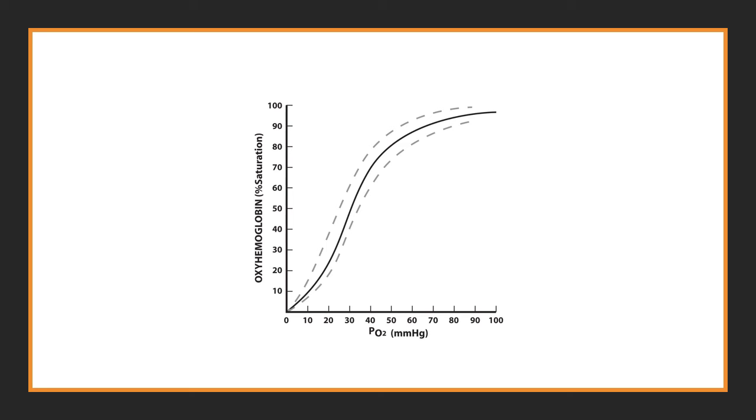This can be compared to 104 millimeters of mercury, which is the partial pressure for alveoli and the systemic arterial blood, which has a saturation level of about 98%. If we subtract 75% from 98%, we can see that 23% of the oxygen will be unloaded from the hemoglobin to the tissue.